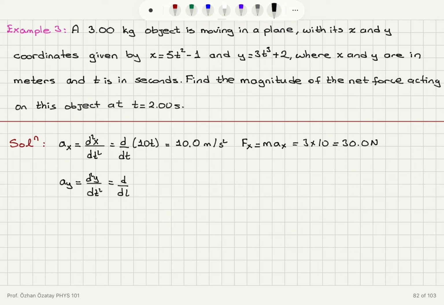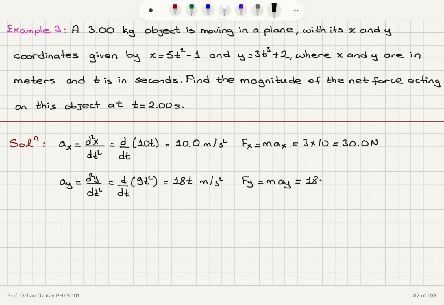So that's the derivative of the first derivative. 3t cubed has a derivative 9t squared. The next one is a constant that doesn't have a non-zero derivative. So taking one more derivative, 9t squared becomes 18t in meters per second squared, where t is in seconds. And the net force on the y-axis is mass times the y component of the acceleration.